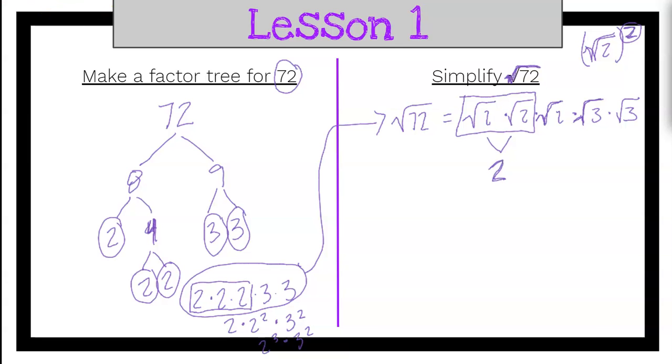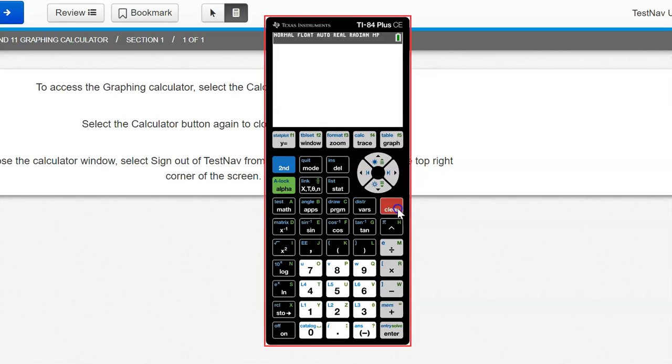And if you don't believe me, there's always our handy calculator to check. So if we take the square root of 2 and multiply that by the square root of 2, we get 2. It just undoes each other because they're inverse operations, just like multiplication and division.